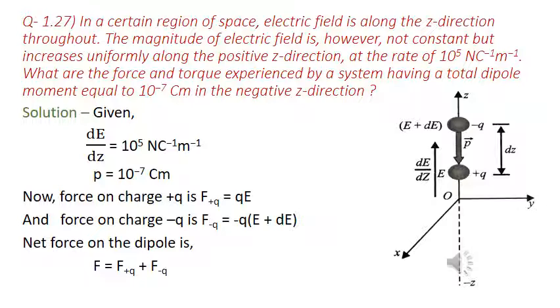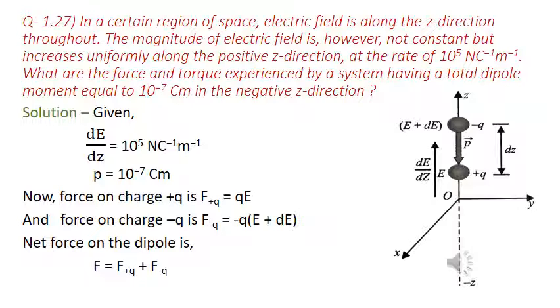It is also given that a dipole of dipole moment 10 to the power minus 7 Coulomb meter is there on the z-axis as shown in figure, and the direction of that dipole moment is opposite to the direction of electric field, that is along negative z direction. We have to calculate the force and torque experienced by the dipole in that electric field.